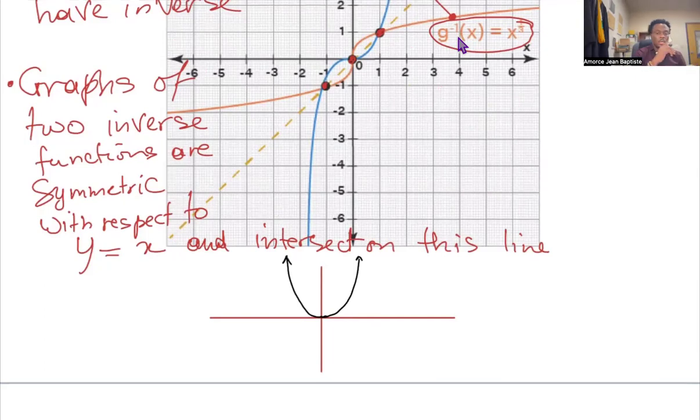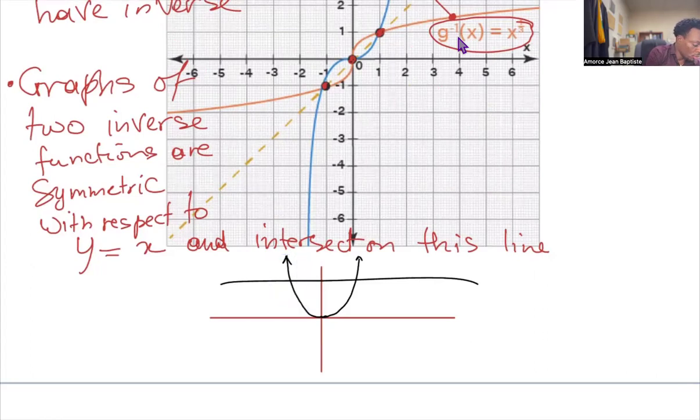Obviously, the parabola is not one-to-one. A quadratic function is not one-to-one, because it doesn't pass the horizontal line test. Now, if you want it to be one-to-one, you can just remove one side.